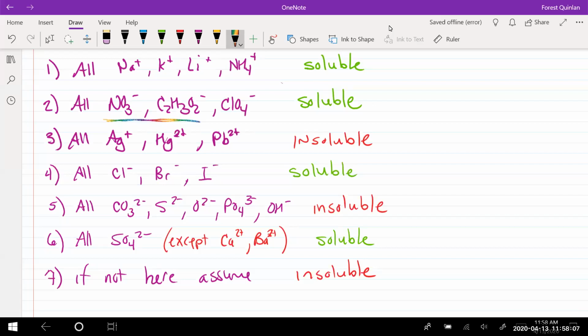And in fact, if it glances in the back of your brain, when they talk about fertilizers and getting nitrates in the soil and how hard that is to get rid of, it's because normally to get rid of a compound, you want to precipitate it out and pull it out of solution. Well, if nitrates are soluble with everything, how do you get it out of solution?